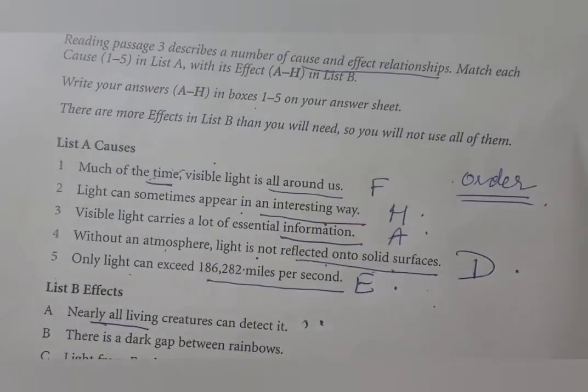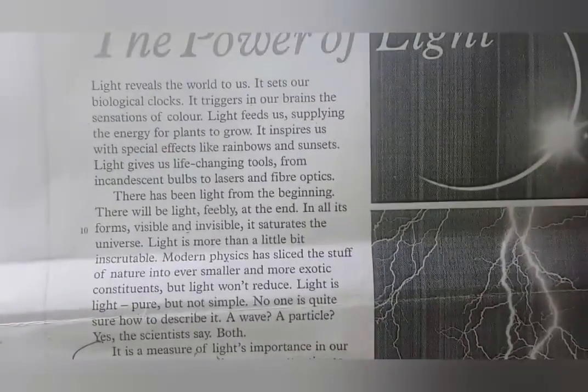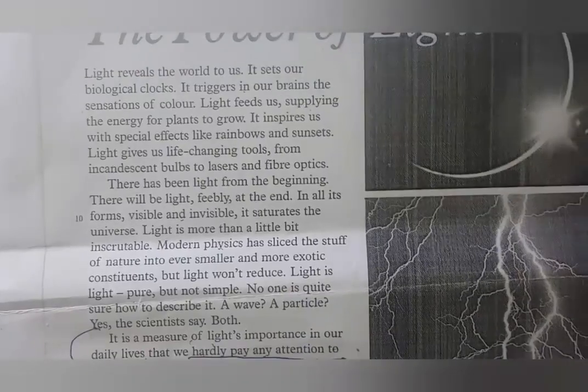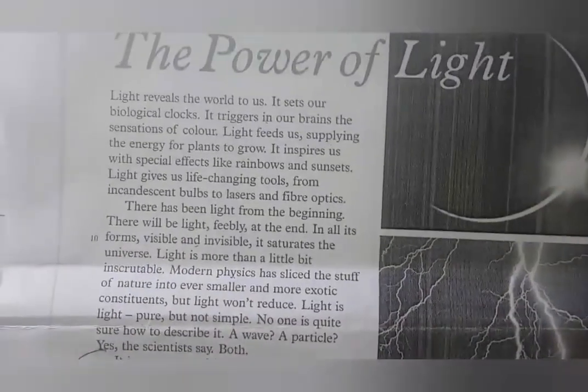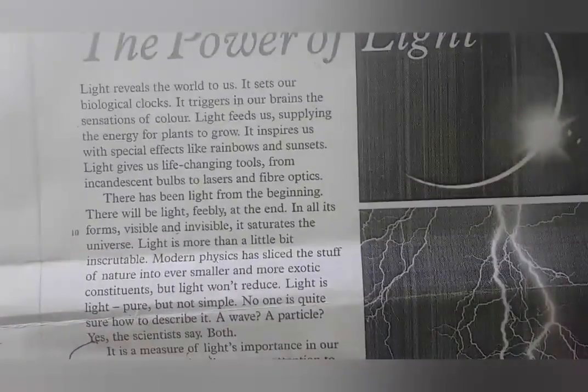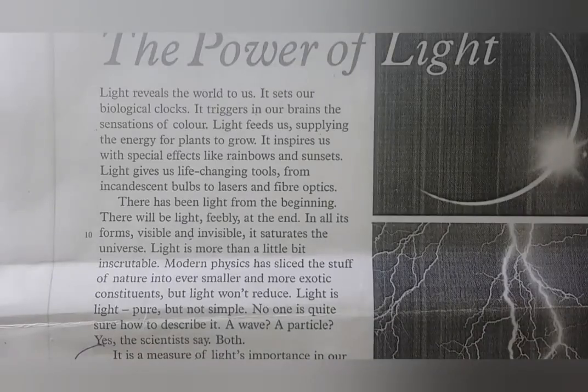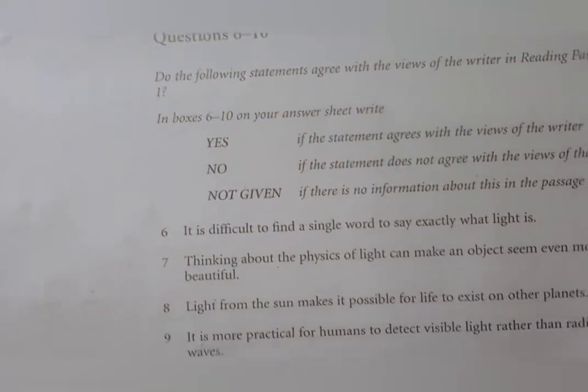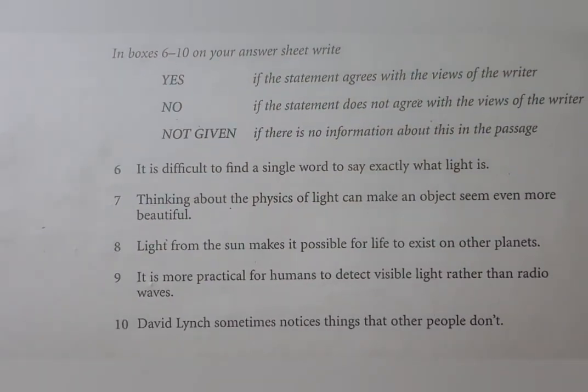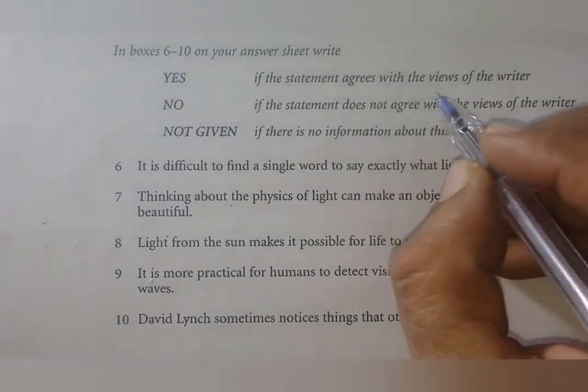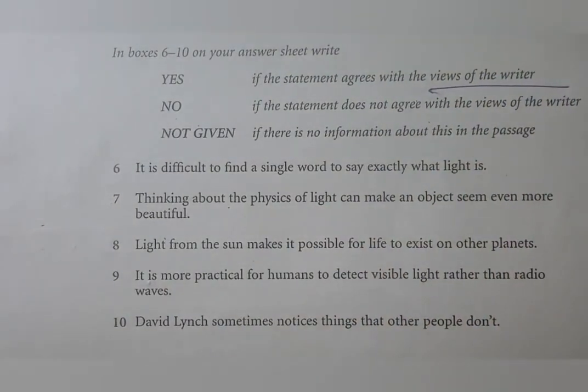Right, in the meantime you can judge the passage. If you want this passage, you can search on the internet. Google is the best search engine. Others are also there. I am not saying others are not there. You can search and find the answers accordingly. Now I am going to question 6 to 10. These are related to yes, and they have written very clearly that if the statement agrees with the views of the writer.